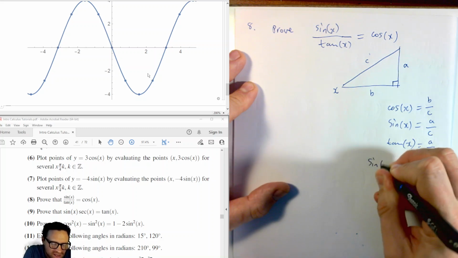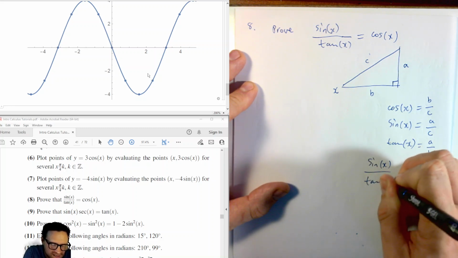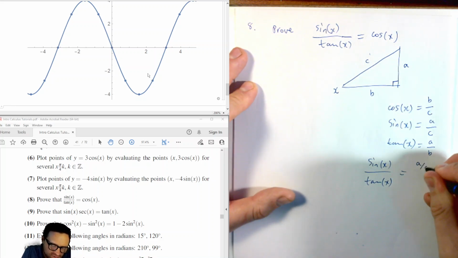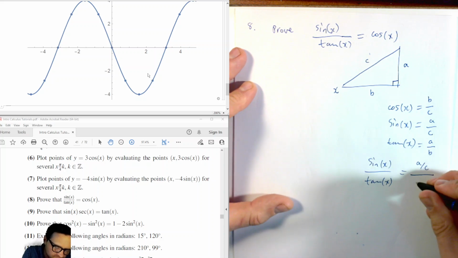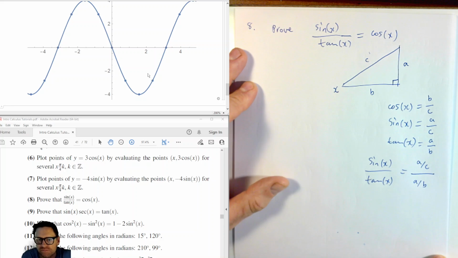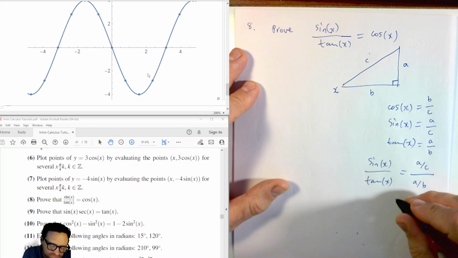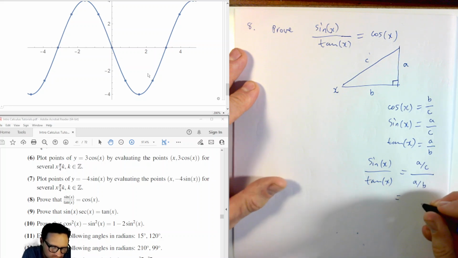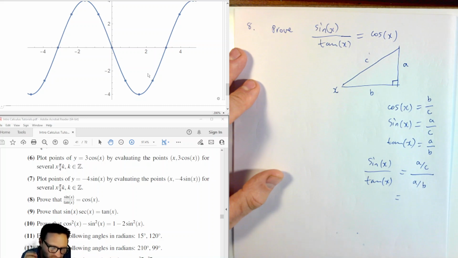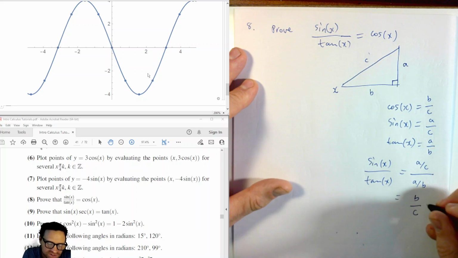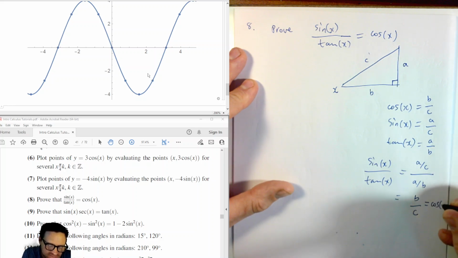So sine of x divided by tan of x is equal to, in this case, A over C all over A over B. Okay, so if we multiply top and bottom by C, and multiply top and bottom by 1 on A and multiply top and bottom by B, we will end up with B over C, which is in fact cos of x.